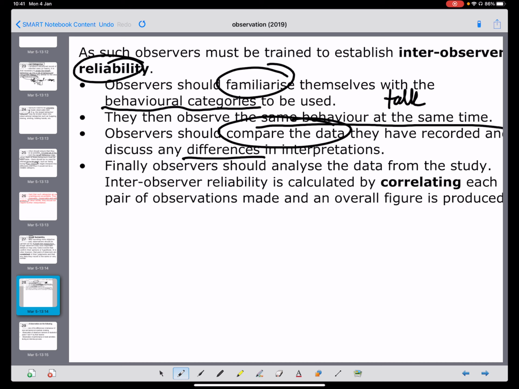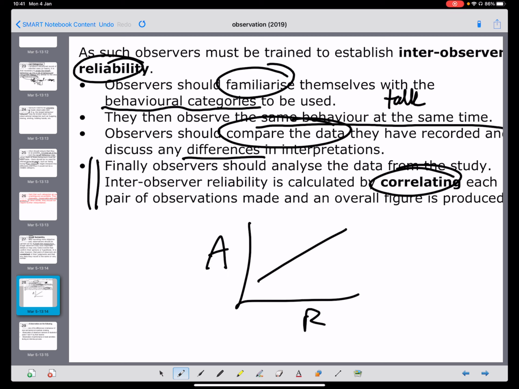But they actually say that the best way to do it is this final step here of correlating the observations. So in other words, if I have a positive correlation of observer A versus observer B, it doesn't have to be a perfect straight line, but as long as it's roughly the same, then I know that the two observers have roughly observed the same thing.